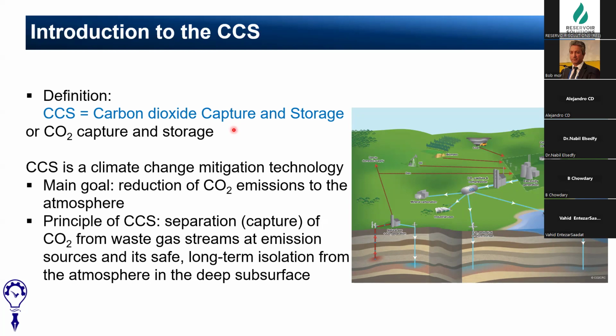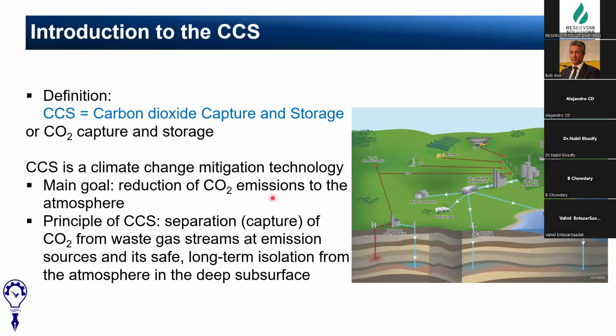So we have these terms for mitigating our climate by capturing CO2. CCS is a climate change mitigation technology, as I mentioned before, and the main goal is to reduce CO2 emissions to the atmosphere.